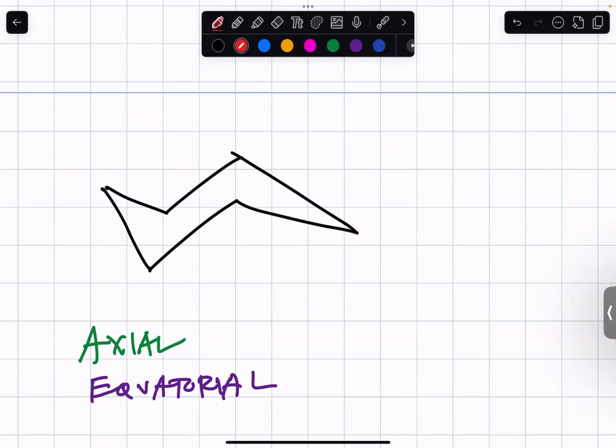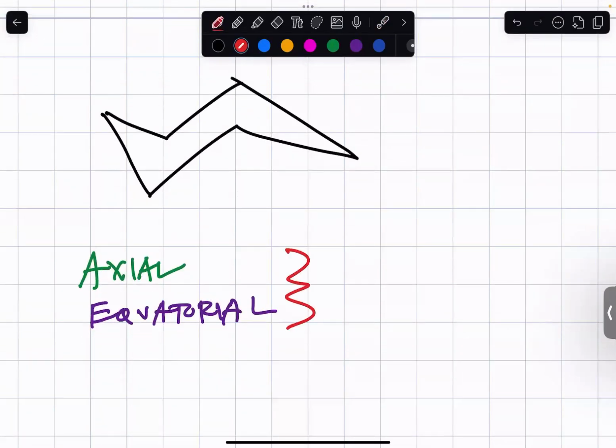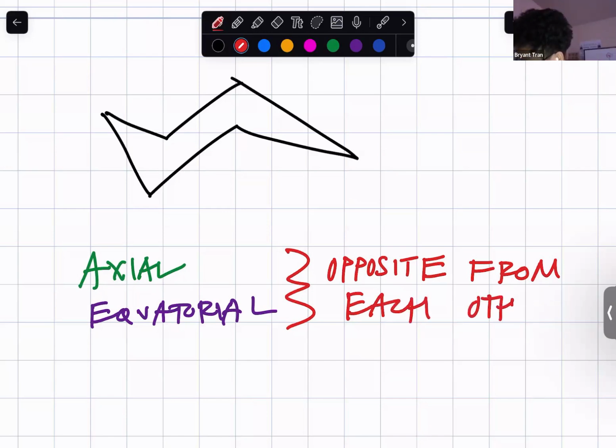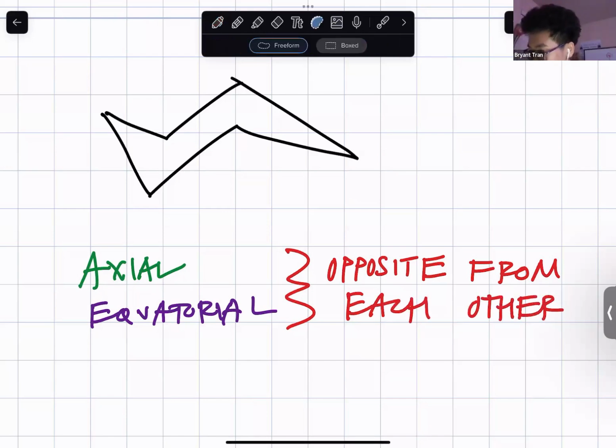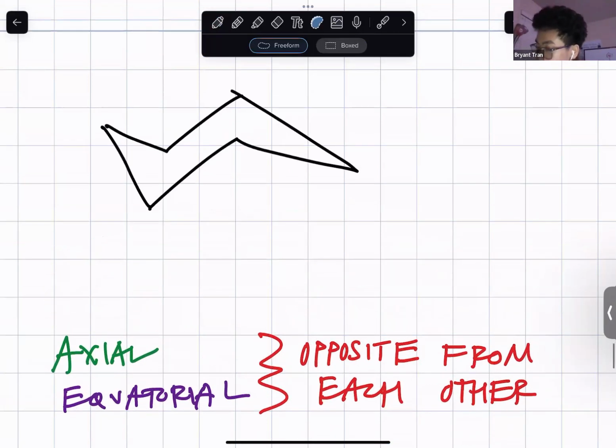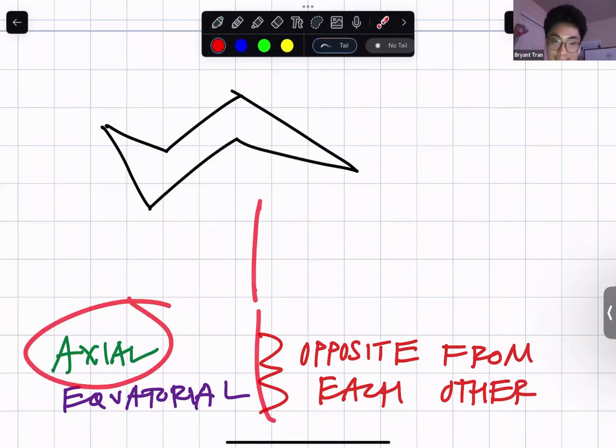The important thing to note here is that they will always be opposite from each other. So if there's one axial bond going up, that equatorial bond has to go down. Here's how I remember where the axial and equatorial bonds are going. Let's start with the axial one because that's the easier one. Axial is just going either straight up or straight down.